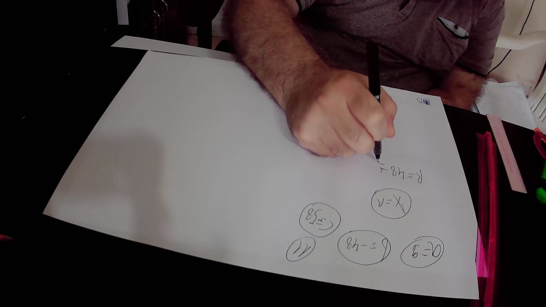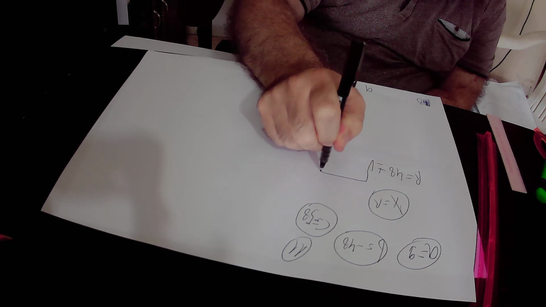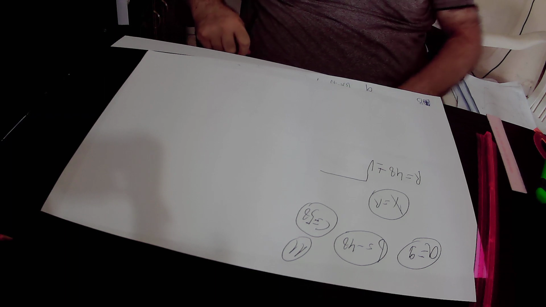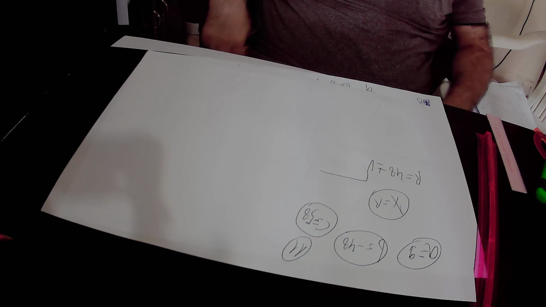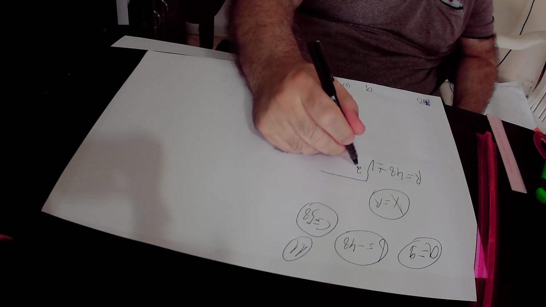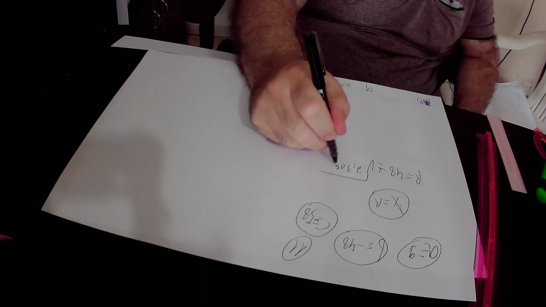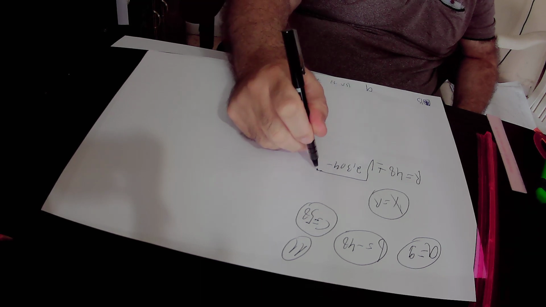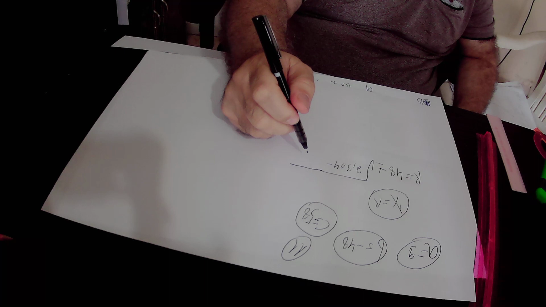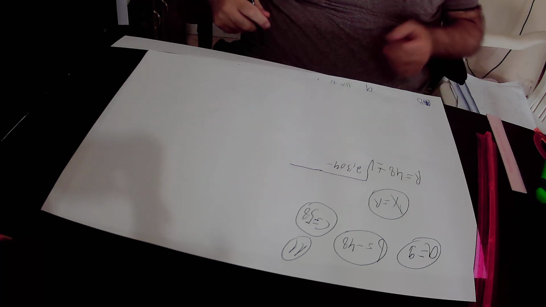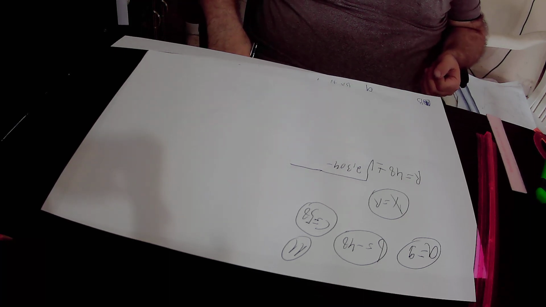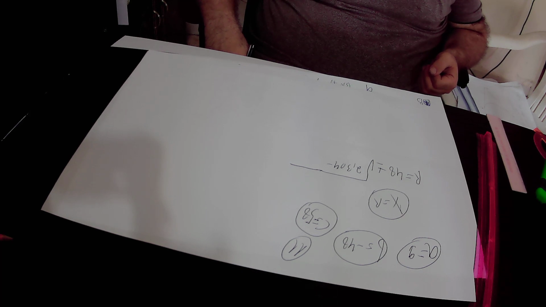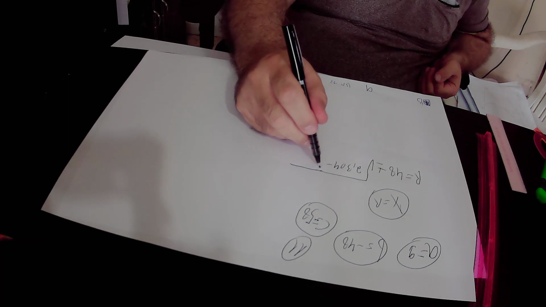plus or minus the square root of b squared. b is minus 48, so b squared is 48 squared, that is 2304. Minus 4 times a is 9, minus 4 times 9 is minus 36, and minus 36 times c is 58, so minus 36 times 58 is minus 2088.